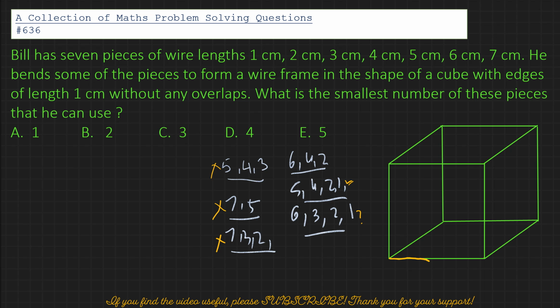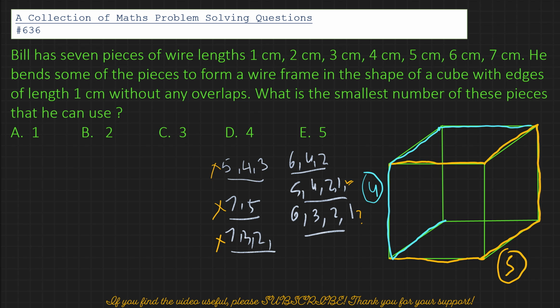So if I have 5, 4, 2, 1: 1, 2, 3, 4, 5. So that's 5 done. Okay, so then how do I make it a 4? 1, 2, 3, 4. And then you see, so that's 4. And then 5, 4, and then 1 and 2.